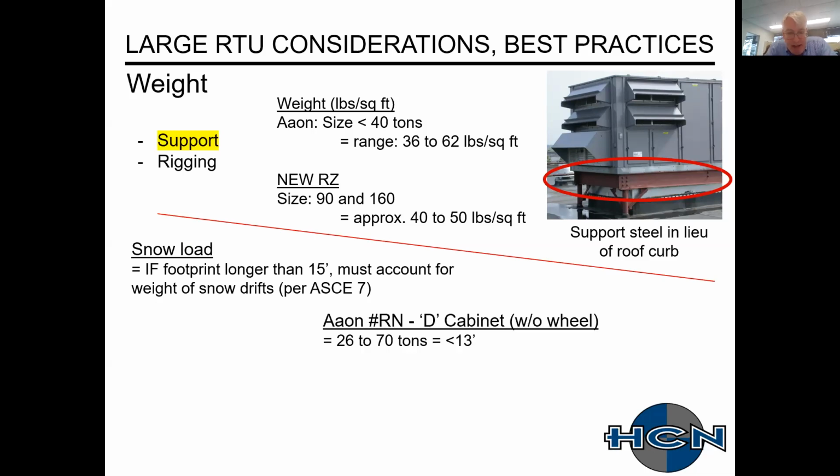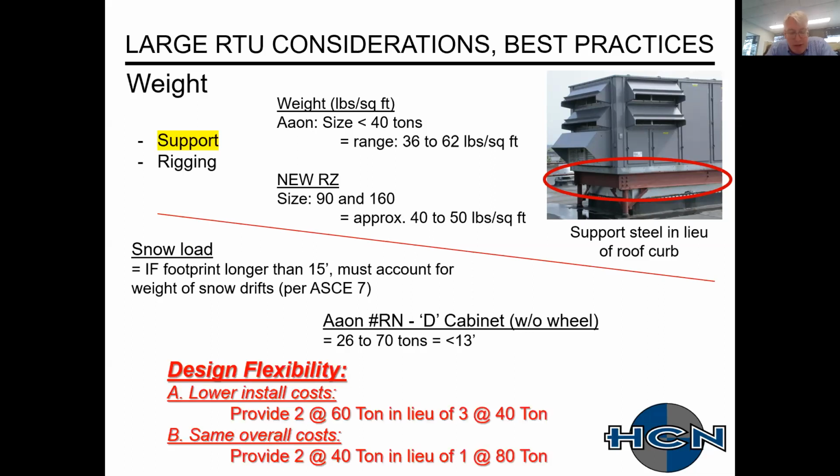So AON has a D cabinet unit. This is without a wheel. It goes from 26 to 70 tons, and these units are less than 15 feet long. On a couple of recent jobs within the last year, these AON units and this footprint requirement allowed me some flexibility on a couple of designs. The first one had a 120-ton load.